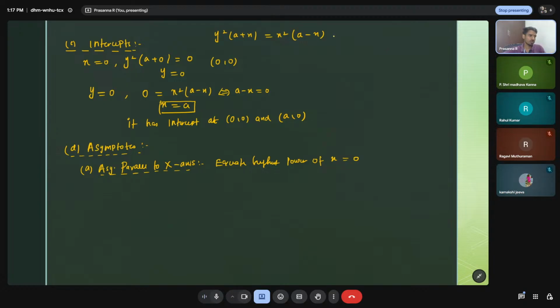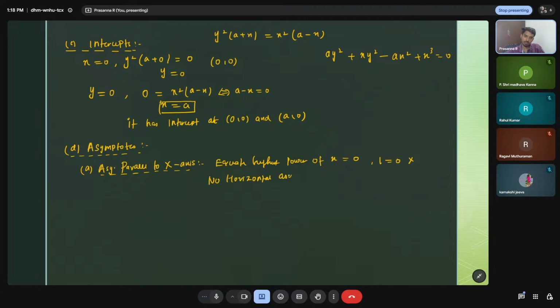There are no asymptotes, right? Because ay square plus xy square minus ax square plus x cube is equal to 0. Highest power of x is 1, equal to 0. So this is not possible. So there is no asymptote parallel to x-axis. That means there is no horizontal asymptote, right?